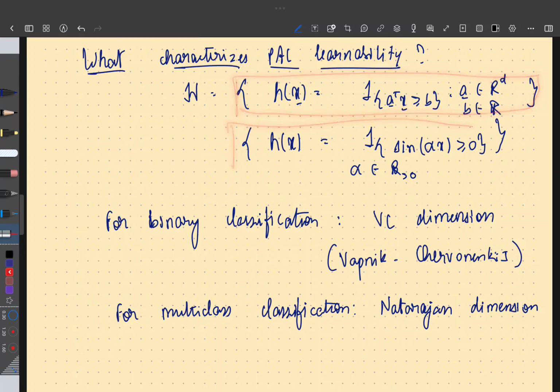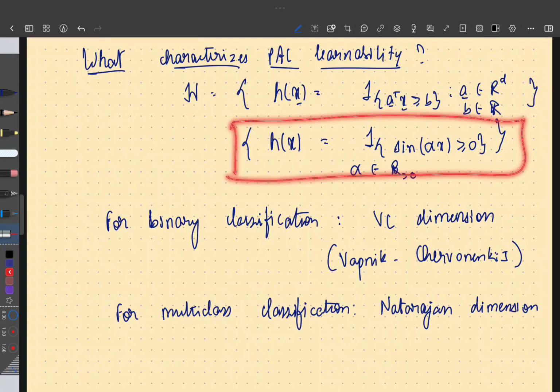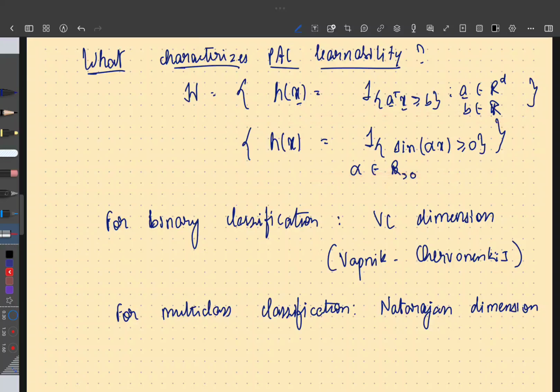The second one is an infinite hypothesis class that is not PAC learnable. So this made you conclude that finiteness of a hypothesis class does not guarantee PAC learnability? No, it's something else. Finiteness of a hypothesis class guarantees PAC learnability. A finite number of free parameters does not guarantee PAC learnability.